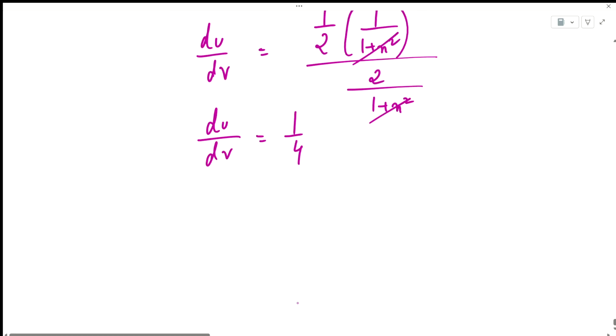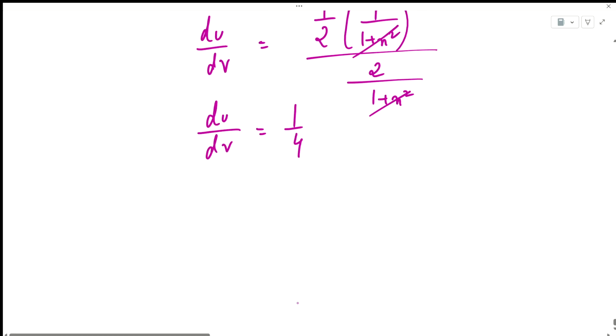So the next question over here is we have to prove that. Questions like this are extremely likely in your exam, so it's highly recommended that you should be doing these questions.